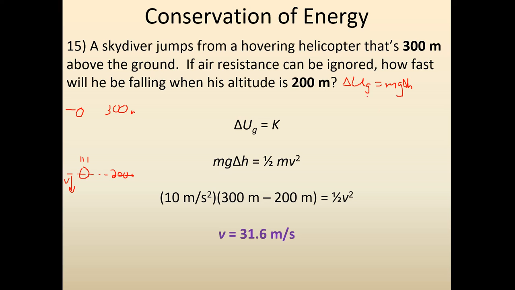Now, if you didn't like this and instead wanted to compare it to the ground, that's fine. You would have had UG at this point, UG plus kinetic at this point. You would have done mgh initial equals mg final height plus kinetic.